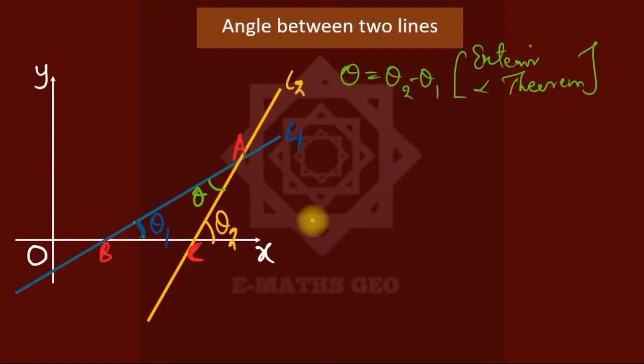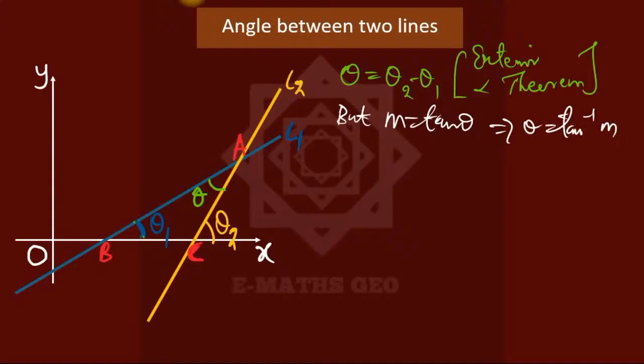I will know that the slope of the line is the tan of the angle between the line and the x-axis. Which implies that the angle theta is now the arctan of the slope.